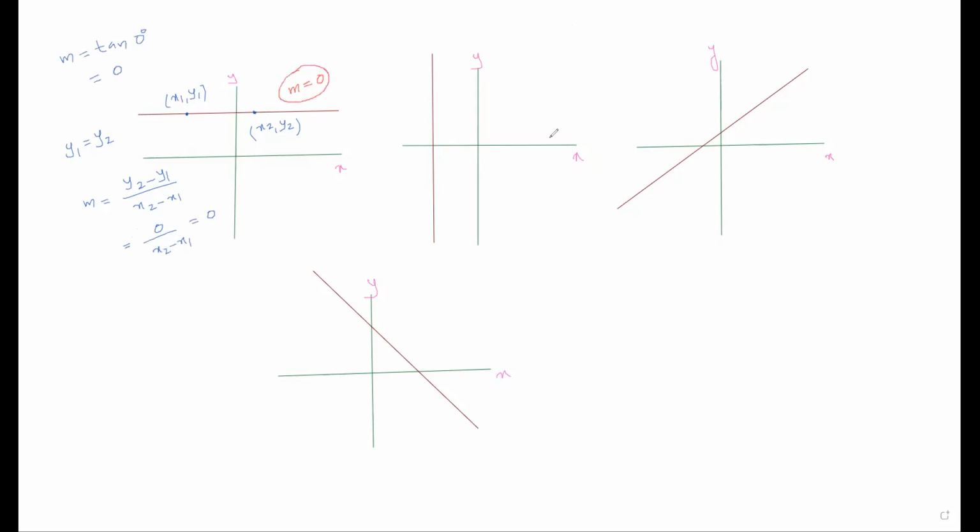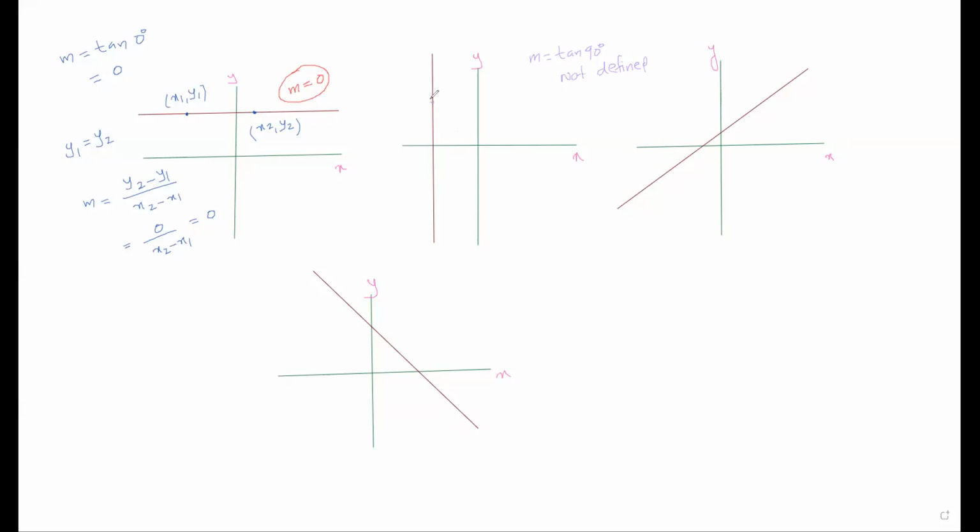Second case, vertical line. A vertical line is at 90 degrees, so slope is equal to tan 90 degrees, which is not defined.